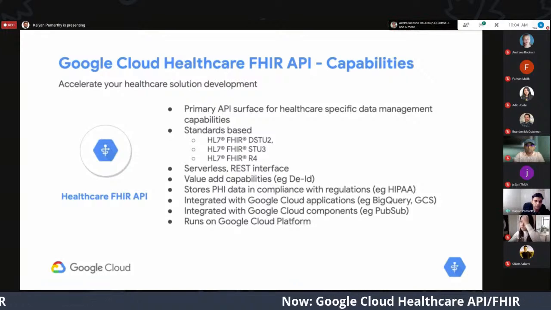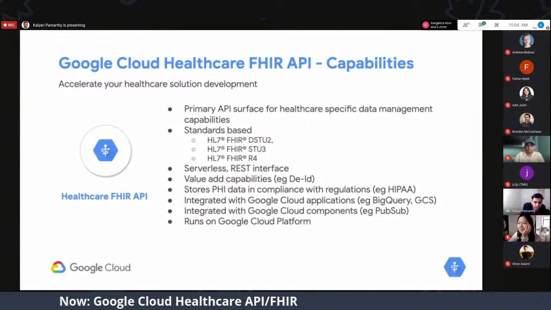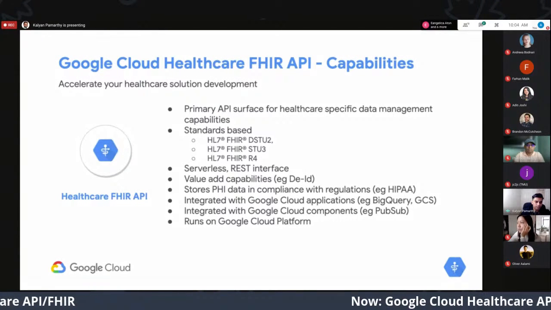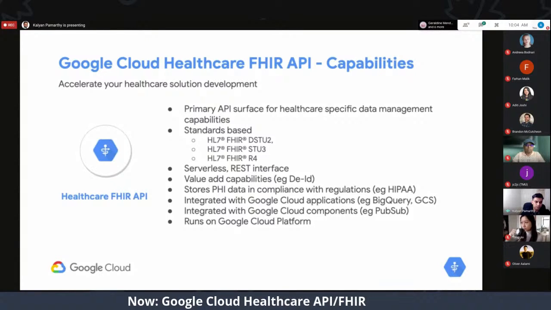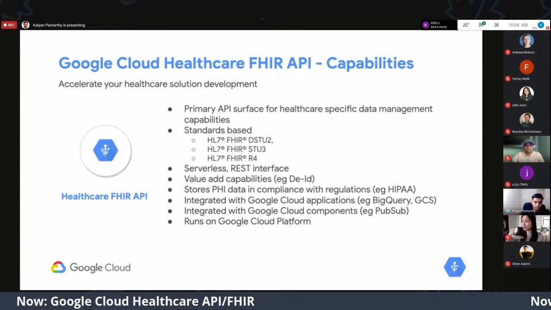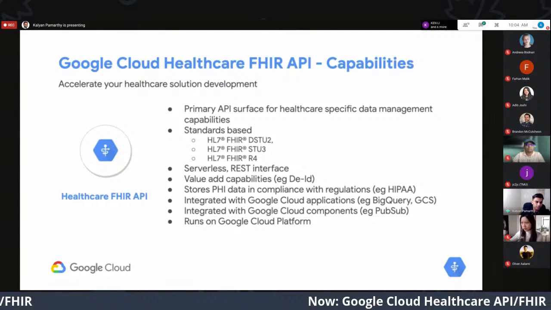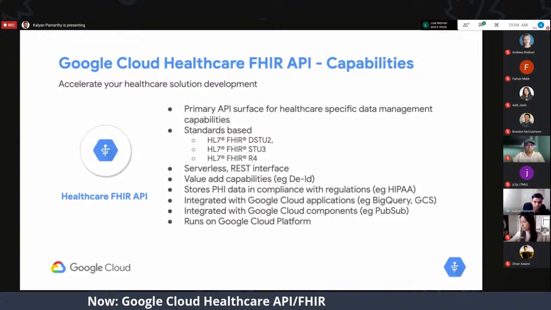We have a lot of tooling around HIPAA. I talked about that. Rohit will talk about it more shortly. We're also very well integrated with all the other technologies that you have in Google Cloud for various other use cases. For example, if you're using Google Cloud Storage as your object storage, the HealthKit APIs are integrated with Google Cloud Storage to enable data import and export.